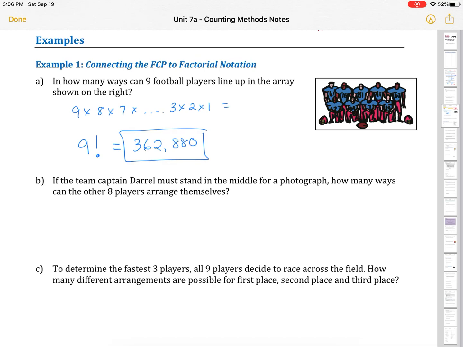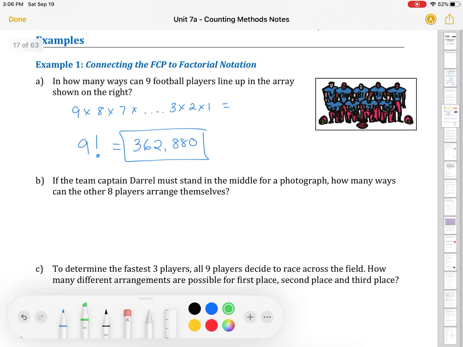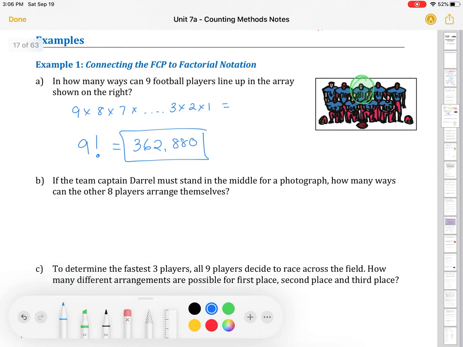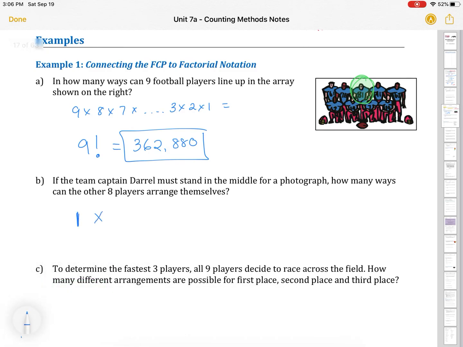Now, let's look at another example with some restrictions. If the team captain, Daryl, must be in the middle for a photograph. So Daryl is the team captain, and he's got to be right in the middle. So I don't know if you can see how I'm highlighting that. It might be easier just to do that, right? Daryl's got to be in that middle position. So all the other positions can be filled by the remaining 8 players. What that means is that we take that 1 out, right?